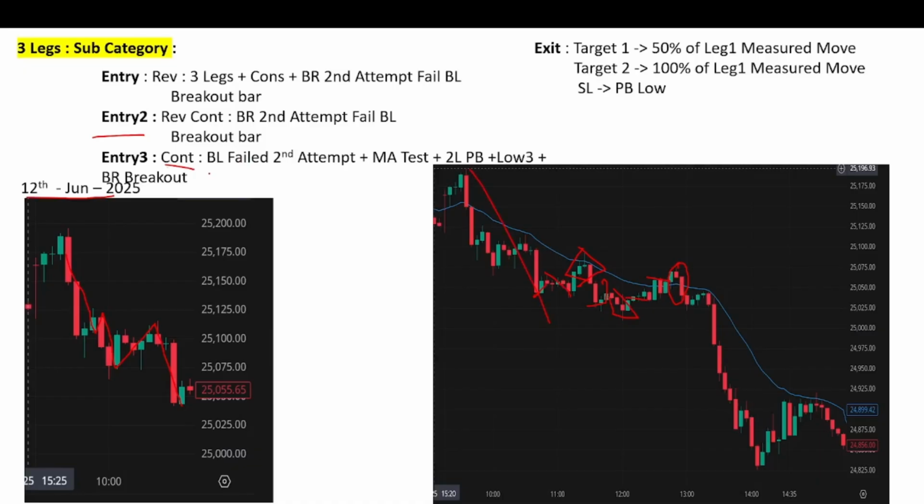So you can see as 2 attempts of bulls has failed and it tested the EMA and 2-legged pullback, leg 1 and leg 2 to the EMA by the bulls, and here somewhere here low 3 has happened and bear breakout. So you can enter here and that will give you your 0 to hero trade.